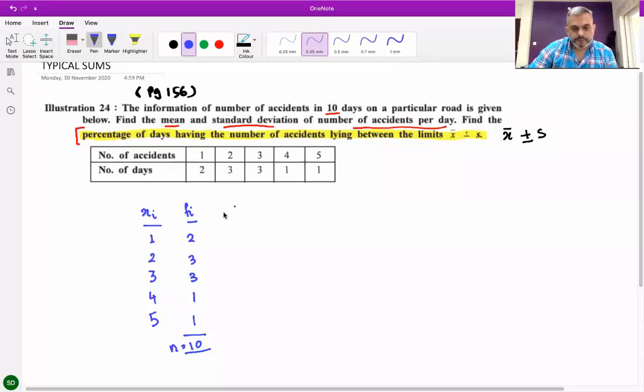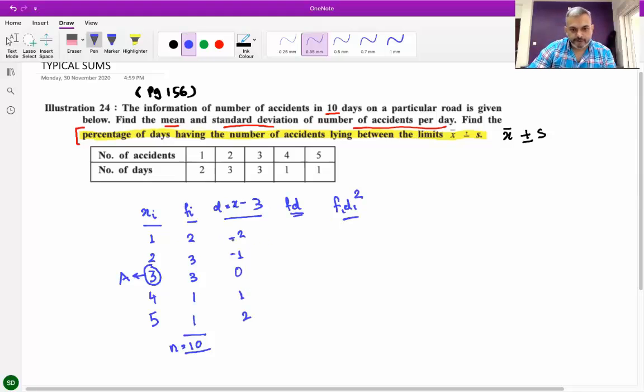Now we directly go with the shortcut method. d is equal to x minus the assumed mean. We take 3 as our assumed mean. So d is minus 2, minus 1, 0, 1 and 2. Then we need f into d and fi di square.